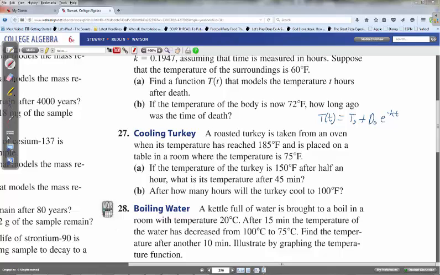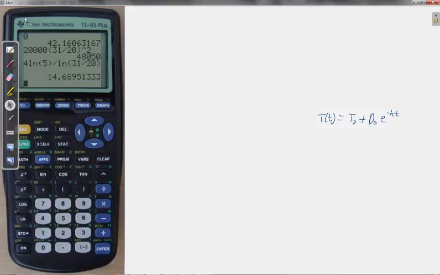Well, we start writing down relevant information here. Our Ts, the temperature of the surroundings, is 75. The initial difference would be 185 minus that, so 110. Then we want to look at this given information to find the k. So here's all the information we know. The temperature of the surroundings is 75.